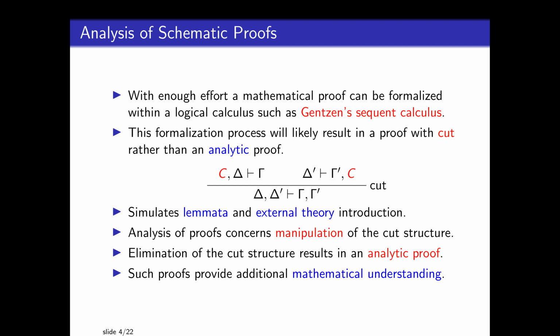This probably doesn't sound so special to most people in the audience. You could do this formalization in a logical calculus such as Gentzen's sequent calculus, and this formalization will most likely result in a proof with cut formulas, rather than what we call an analytic proof, or a proof where the final statement is constructed from subformulas that occur in the proof.